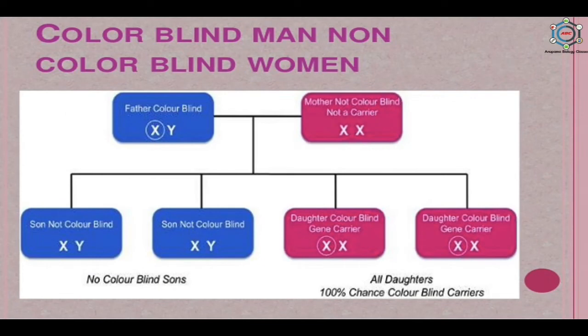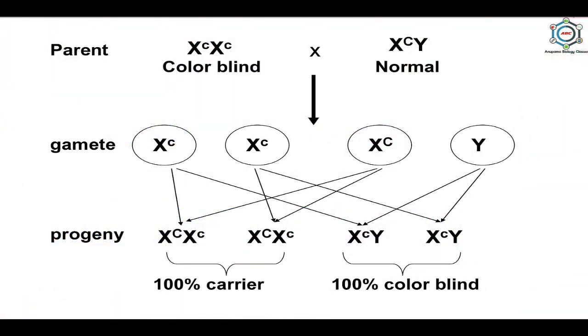Now here in this picture you can see the inheritance pattern in the color blindness. A colorblind man and a normal woman, who is not colorblind and not a carrier, produce normal sons and carrier daughters. Here, no colorblind sons, and all daughters, that means 100% are carriers.